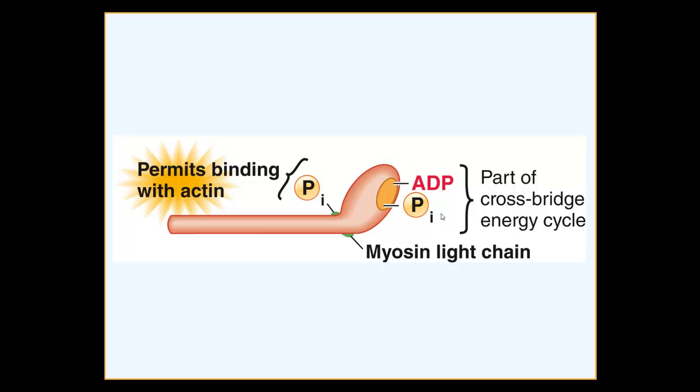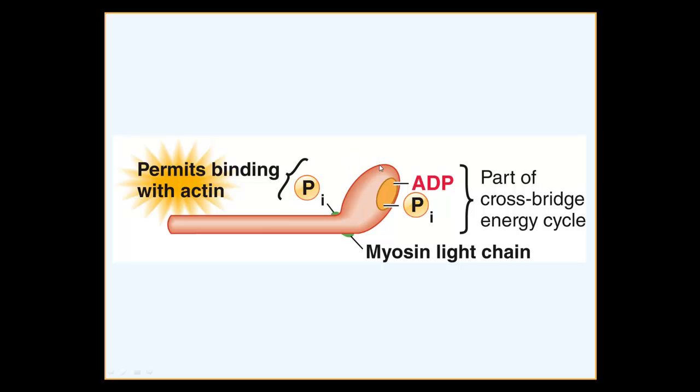Now, we don't have that here, but we have other kinds of proteins, and although it's not described well in your book, you can choose to forget this next part. On top of the myosin head, we have what we call myosin light chain proteins, and those proteins sit here and prevent the interaction between the myosin head and the actin. Those myosin light chain proteins can get phosphorylated, and we will see how.